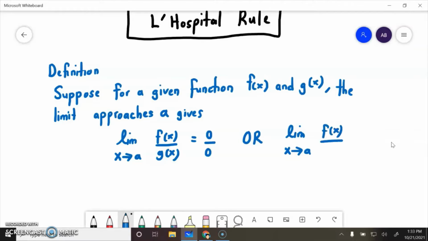If a is infinity, what do you get? Plus or minus infinity, depending on whether a is positive or negative infinity.